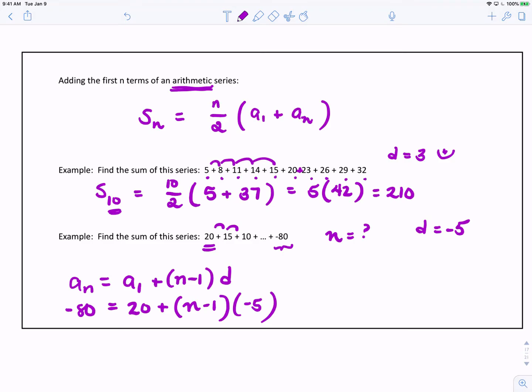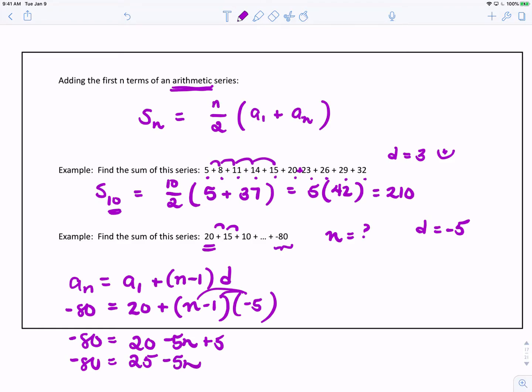And so we just need to solve this for n. So negative 80 is equal to 20 minus 5n plus 5. And we got that by distributing. So negative 80 is equal to 25 minus 5n.